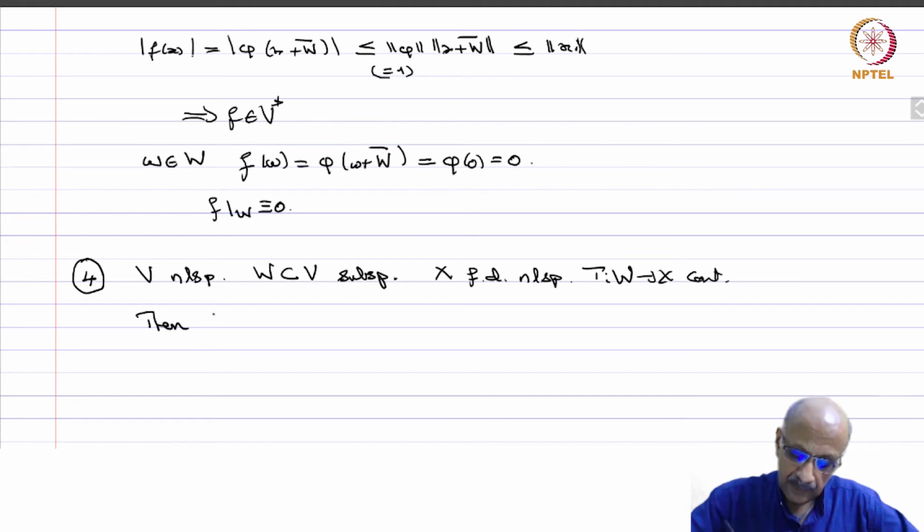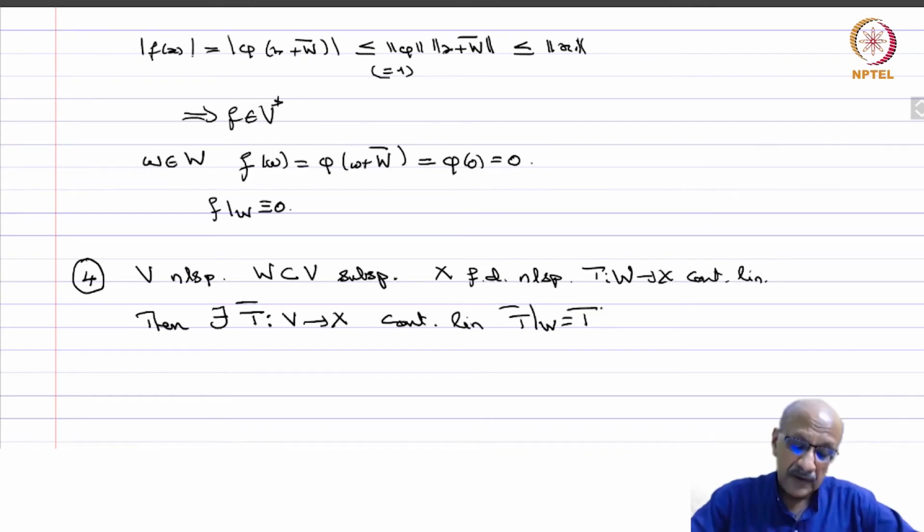Then there exists T bar from V to X, continuous linear of course, and T bar restricted to W is nothing but T. So previously we extended linear functionals in the Hahn-Banach theorem. Now we are trying to extend linear operators, but in the case where the range space is finite dimensional. Okay.